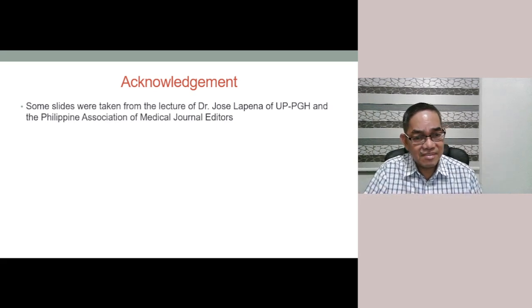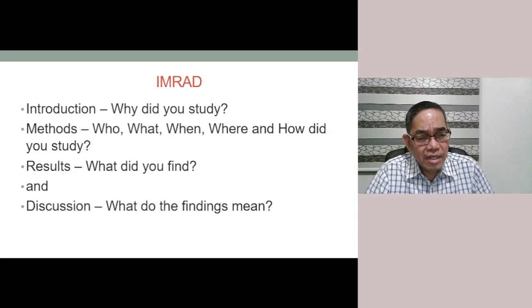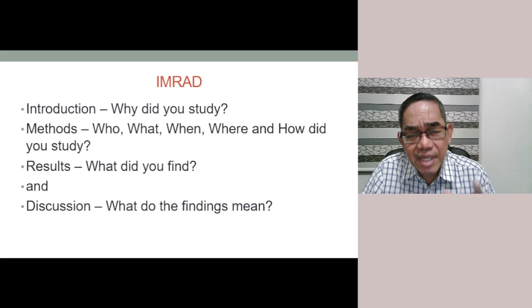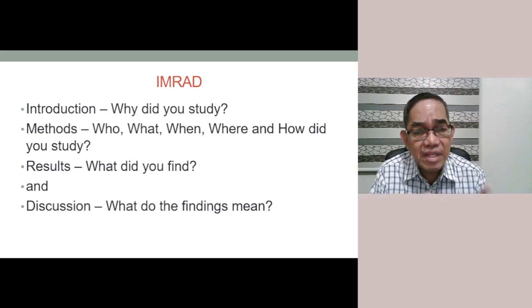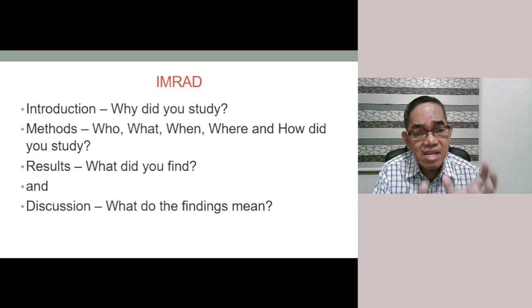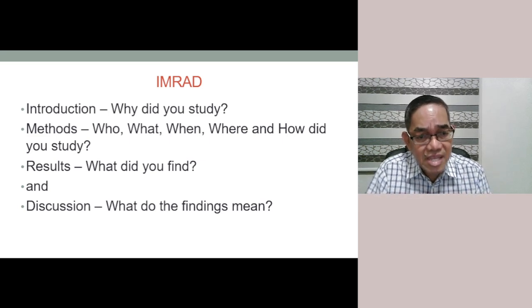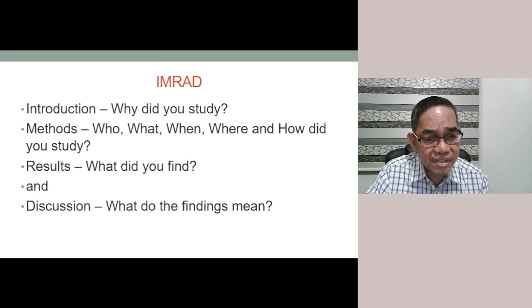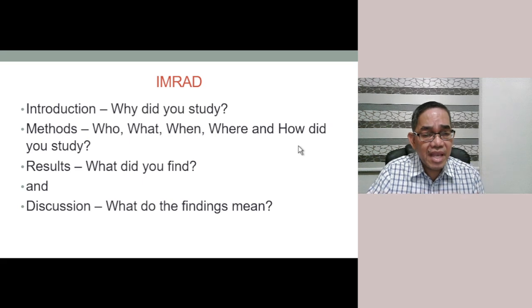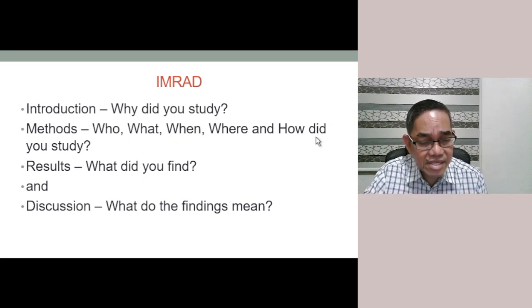Basically, the research paper should be written in an IMRAD format. The medical journal should be written in an IMRAD format. And IMRAD is an acronym. I stands for introduction, and the introduction should be telling us why you studied.